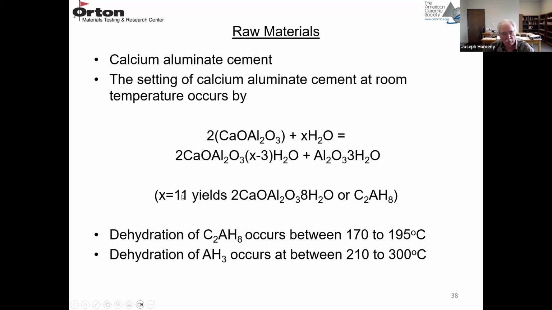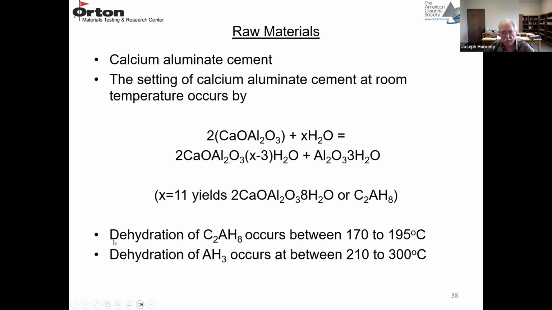X will be 11 at room temperature. So what you end up with is 2CaO Al2O3 8H2O, and in cement notation, that's simply C2AH8. So this is the hydration product at room temperature for Ca. You also have this hydrated alumina, which is AH3.